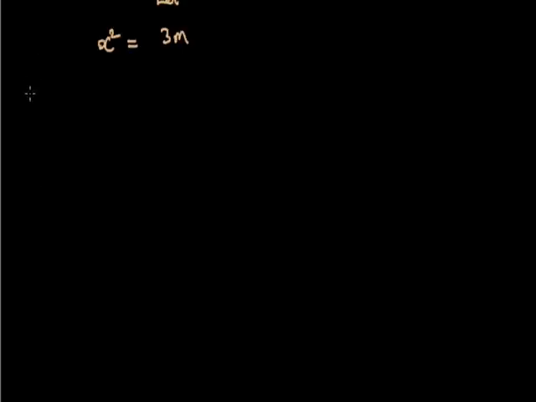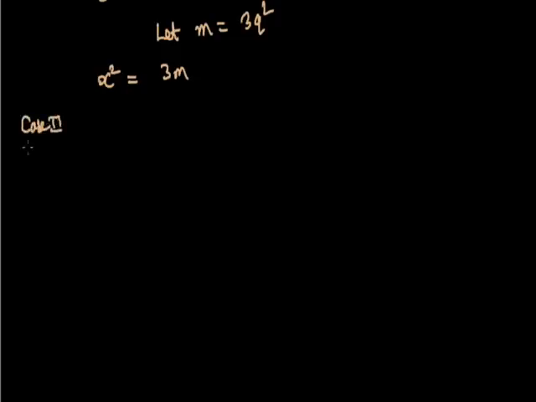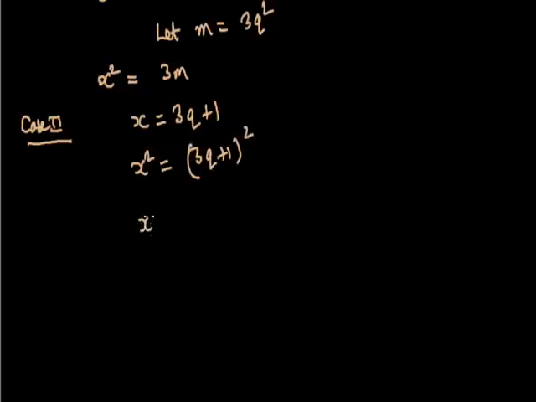Now case second. x equal to 3q plus 1. Again squaring both sides, x square equal to the whole square of 3q plus 1. So x square equal to 9q square plus 6q plus 1.